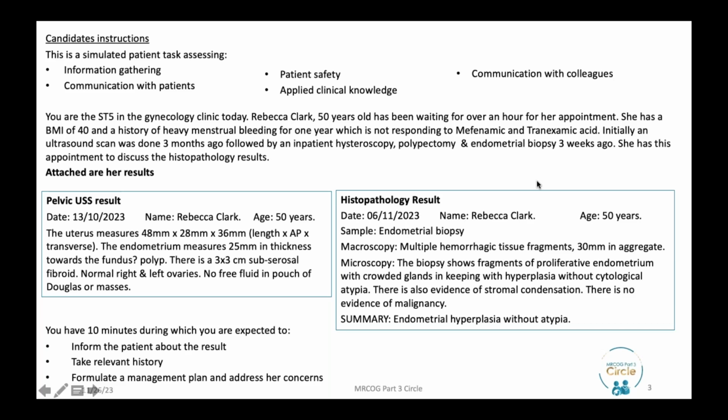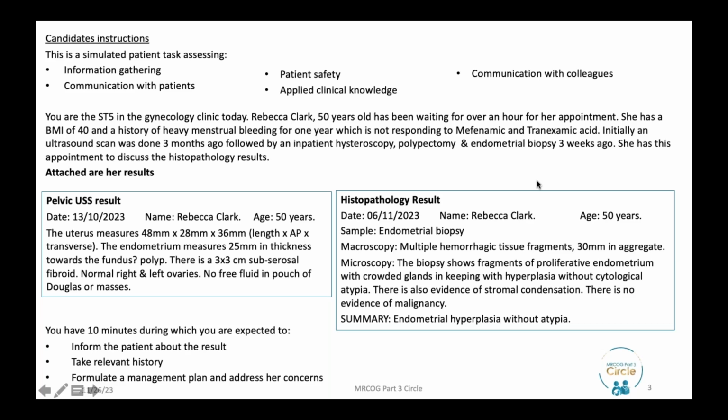So that's why part of applied clinical knowledge, I always say, is that it's not just your knowledge from the guideline, but it's the applied clinical knowledge tailored specifically for that patient in front of you.